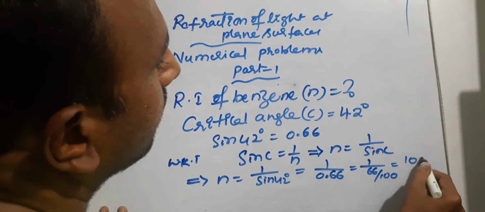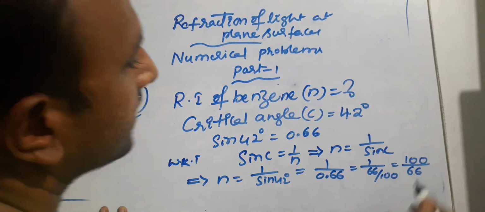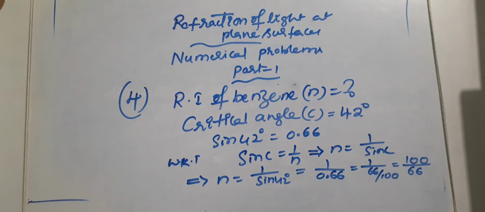So n is 100 by 66. Children, 0.66 is written by eliminating the decimal point as 66 by 100, which is also equal to 0.66.